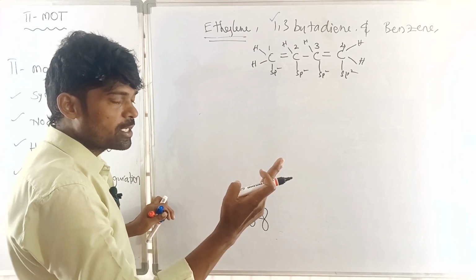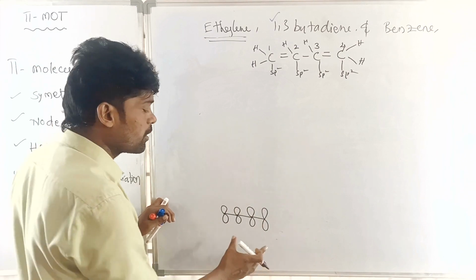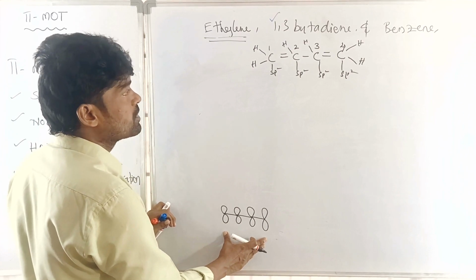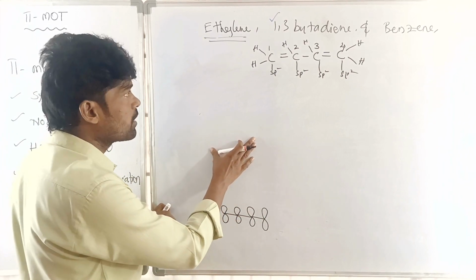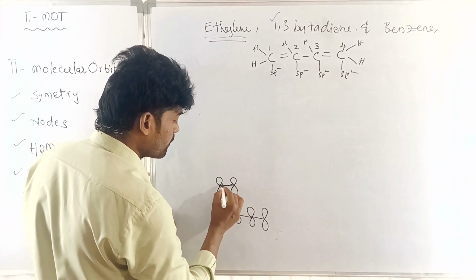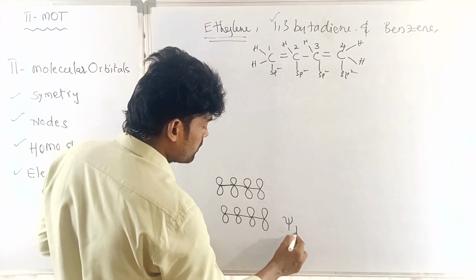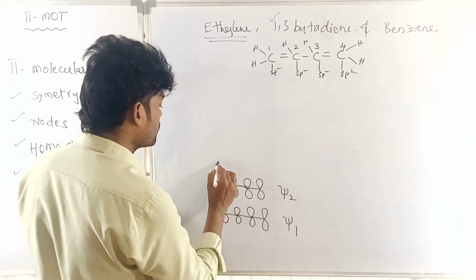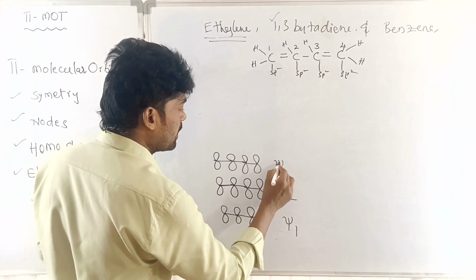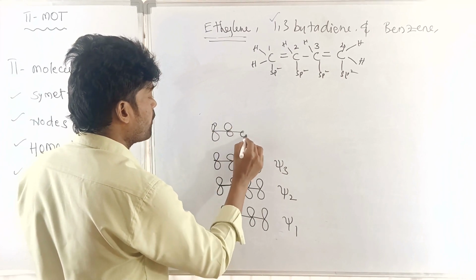If two atomic orbitals participate, two molecular orbitals are generated; if four atomic orbitals participate, four molecular orbitals are generated. Those four are psi1, psi2, psi3 and psi4.